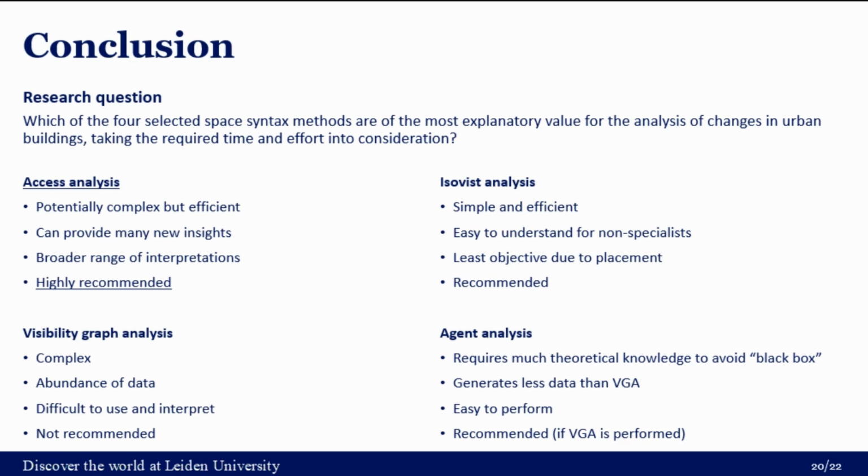I consider that a benefit, because visibility graph analysis really gives you too much data. But the advantage of agent analysis is that once you have done the visibility graph analysis, this is done in the same software, so you already have the exact data set you need. All you have to do is click a button, run the analysis, and you have the agent-based model. So if you do visibility graph analysis, then you might as well do agent analysis.